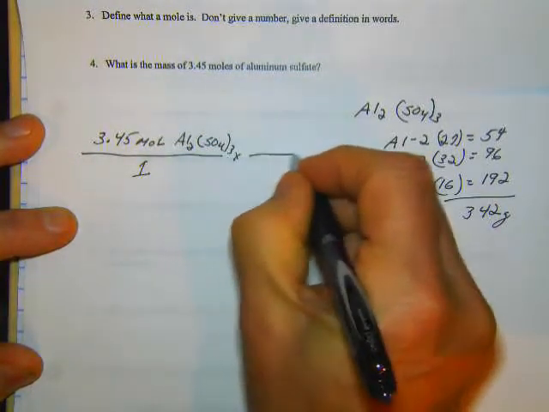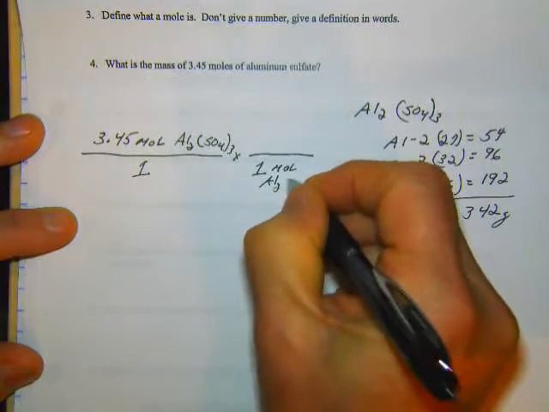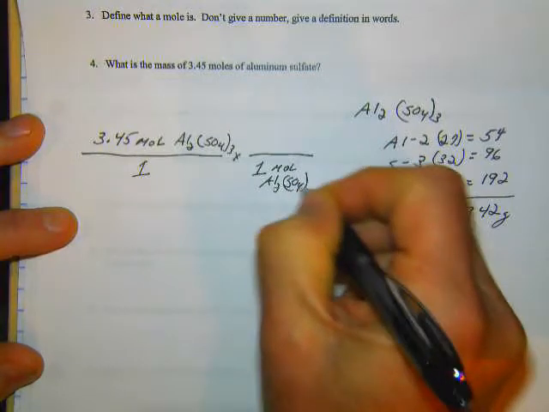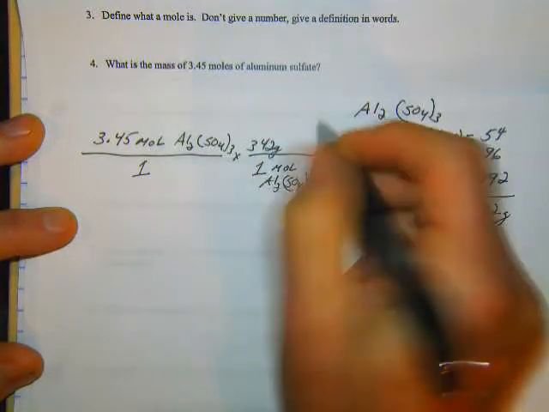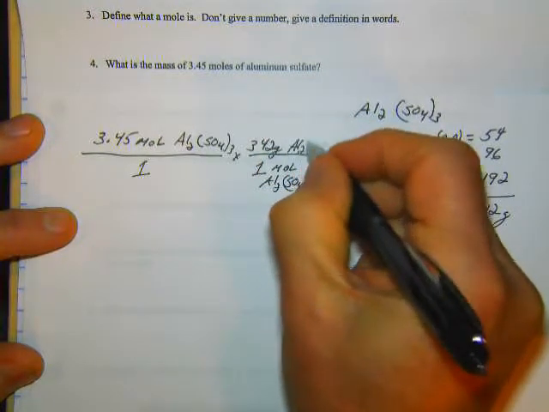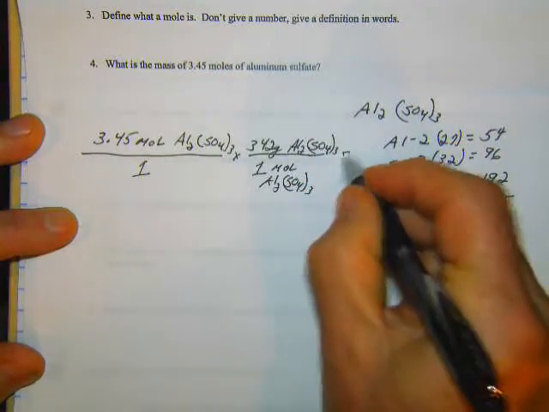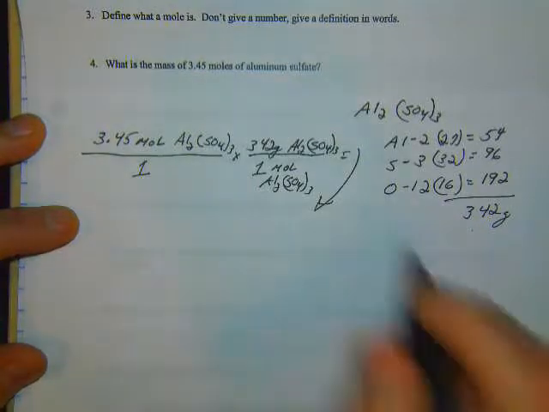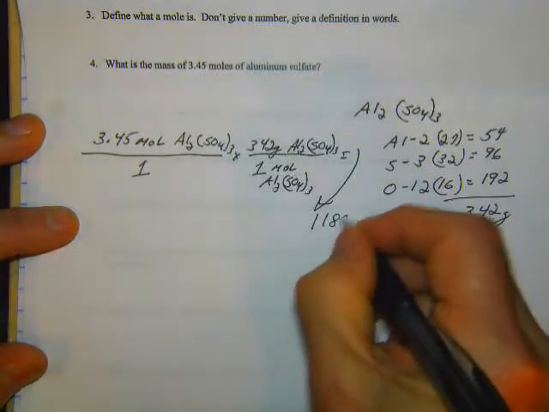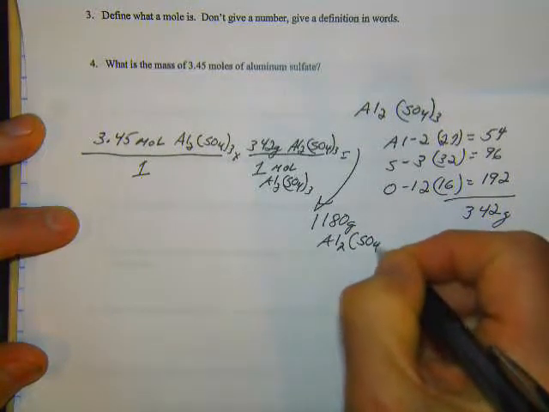This one's pretty straightforward. 1 mole of Al2 SO4 3 is 342 grams of Al2 SO4 3. That would equal, and again, if my math is right on here, that should equal 1,180 grams of Al2 SO4 3.